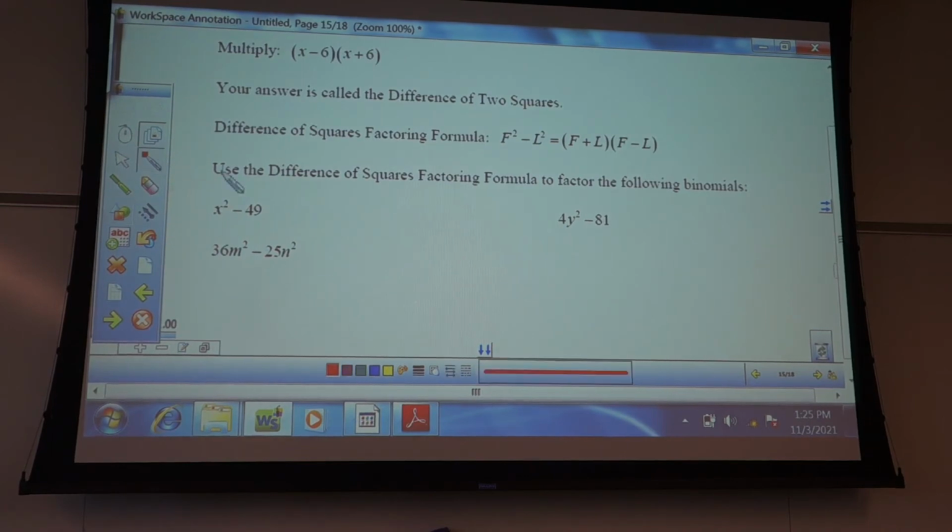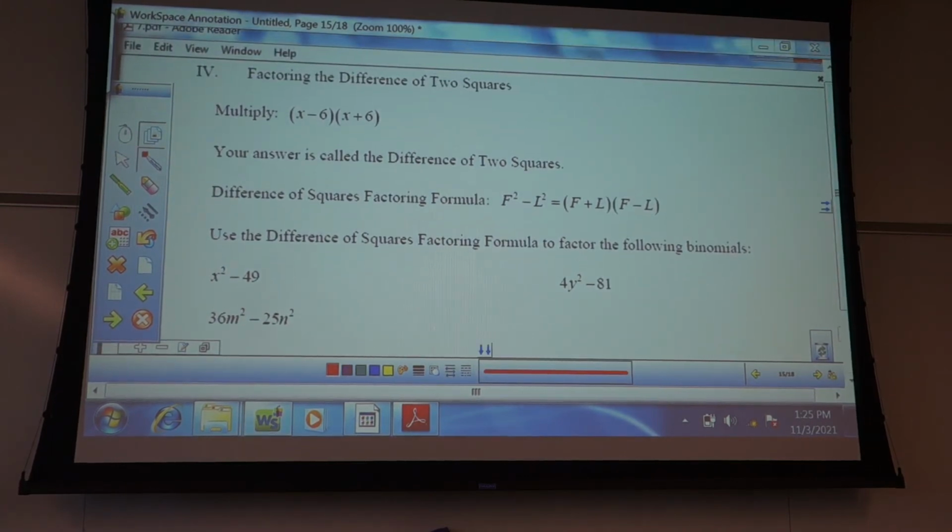Now, I'll explain why this works. Whenever we FOIL, I multiply the firsts and the lasts, and then we have the inners and the outers. The firsts give me x squared, the lasts give me negative 6 times positive 6, which is negative 36.